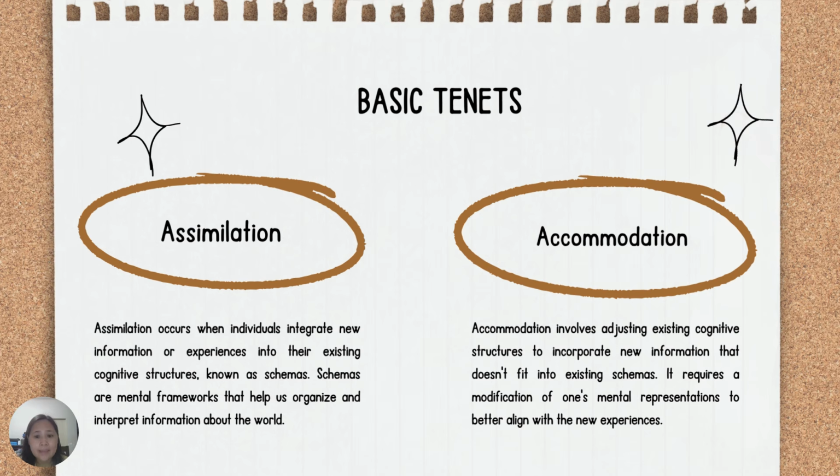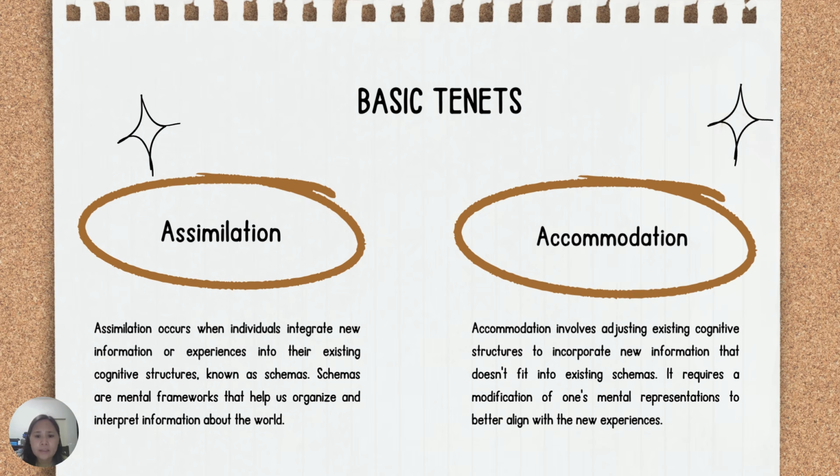When they see a cat for the first time, they might call it a dog because they're using their existing schema for animals with four legs. That's assimilation, fitting a new experience into an old framework.